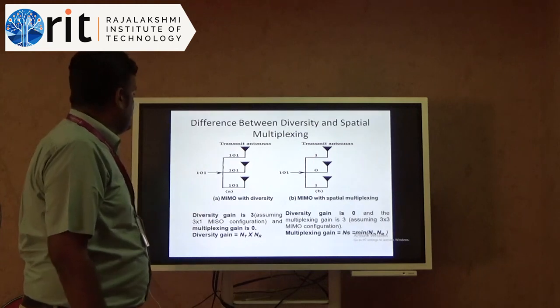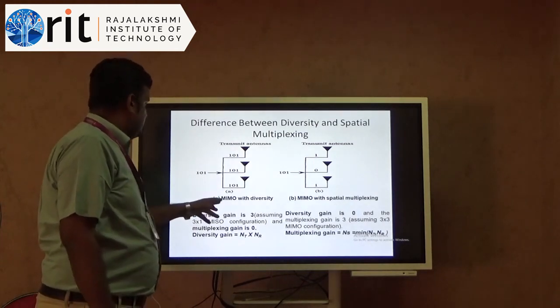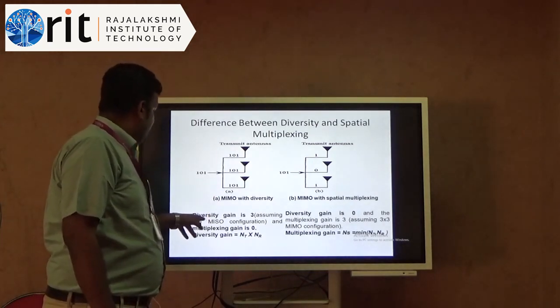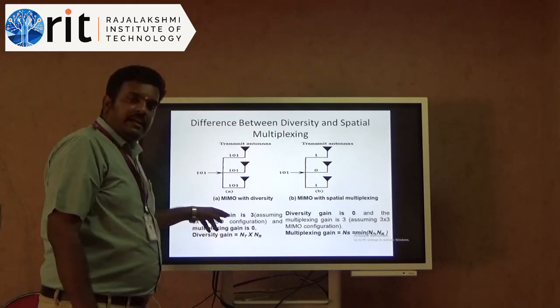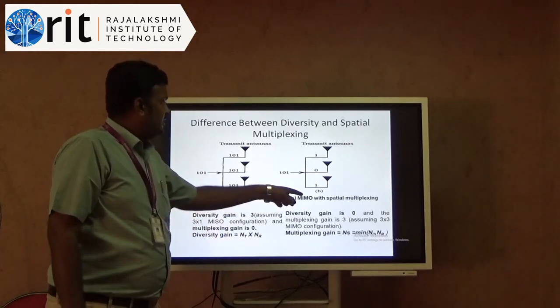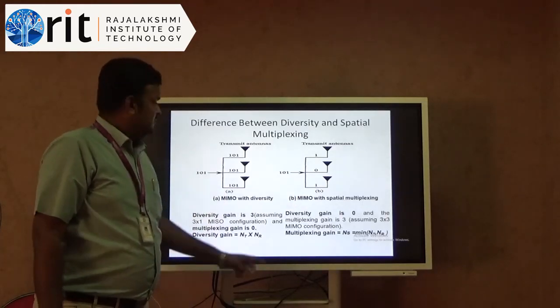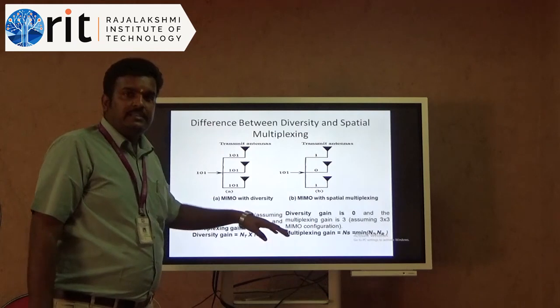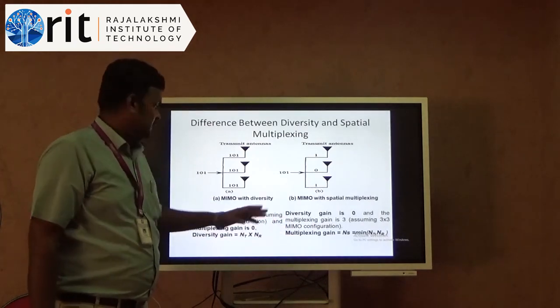When you are using multiple antenna techniques for diversity, we calculate the diversity gain, and in that case the multiplexing gain is assumed to be 0. While executing spatial multiplexing through multiple antennas, the multiplexing gain is considered and the diversity gain is assumed to be 0.